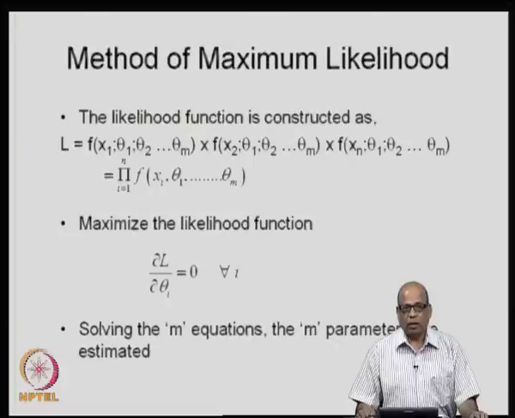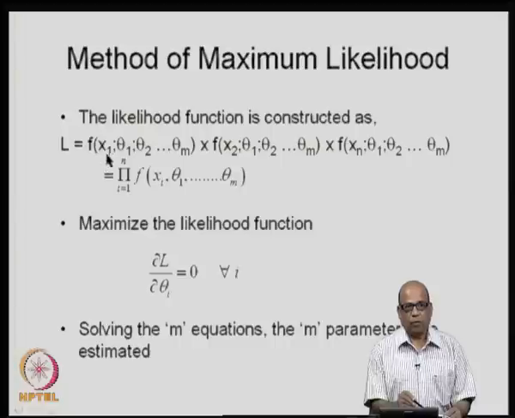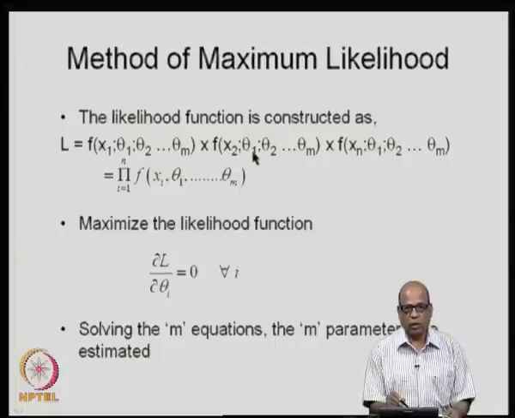So, in the maximum likelihood method, we define the likelihood function as f of x 1, theta 1, theta 2, etc., theta m, where theta i are the parameters, into f of x 2, theta 1, theta 2, etc., theta m, and so on until x n. So, we define it as the multiplication of f of x i, theta 1, theta 2, etc., theta m.